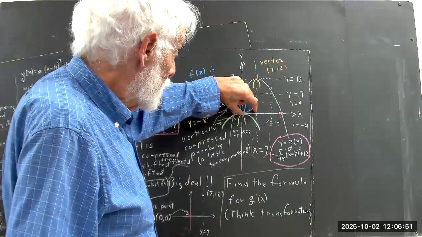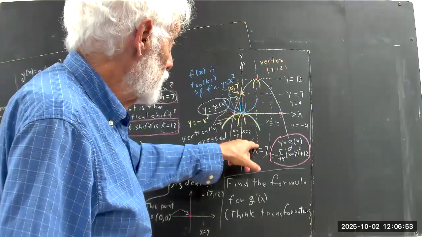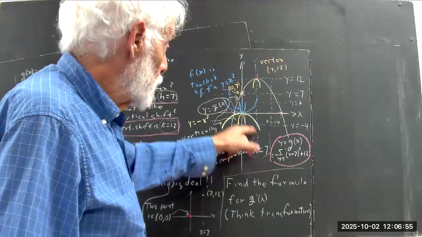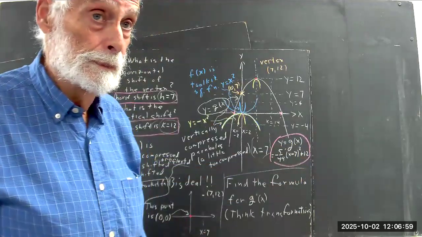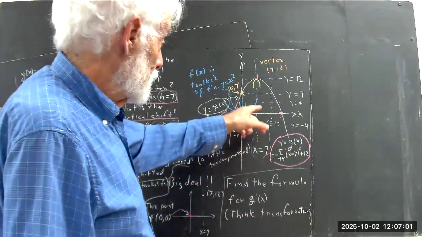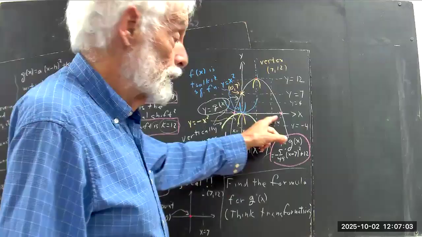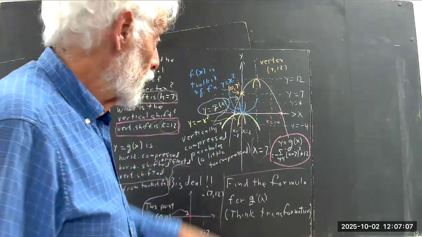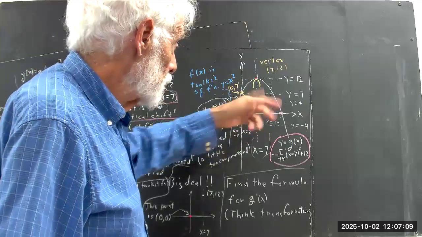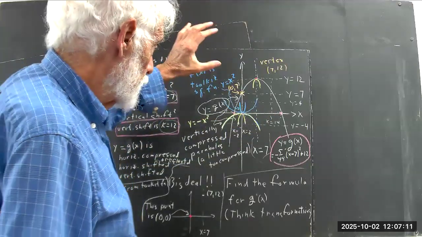Just doubling this distance so that the x equals 7 line is halfway between x equals 0 and x equals 14. Does this line look like it's about halfway? Actually, I think it's a little bit too far that way. So the 14 should be a little further out, but we're just doing a ballpark estimate.